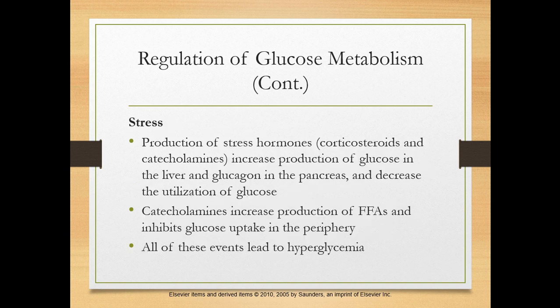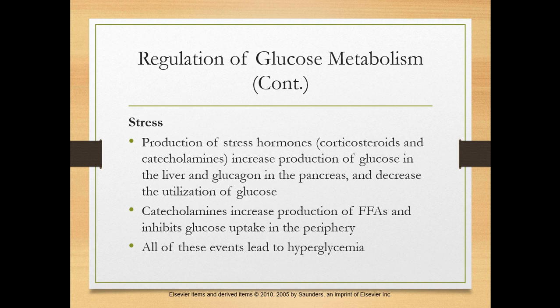Now, stress. Can stress affect this? Definitely. So we discussed maybe a little bit about this portion in chapter 2 when we talked about stress and how there's different body systems that will regulate certain hormone levels and stimulate things. So the production of stress hormones, corticosteroids and catecholamines do increase the production of glucose in the liver and glucagon in the pancreas.